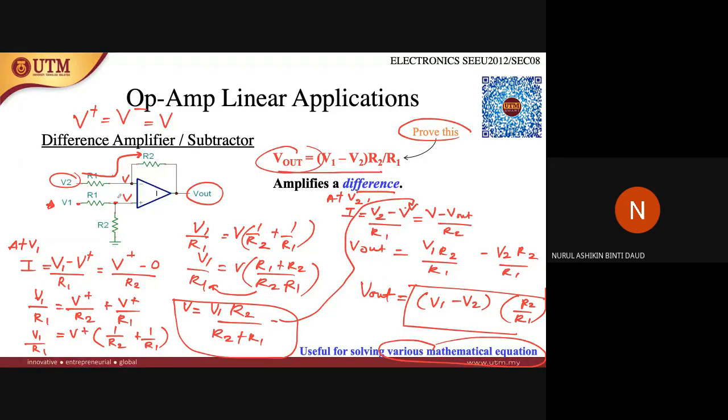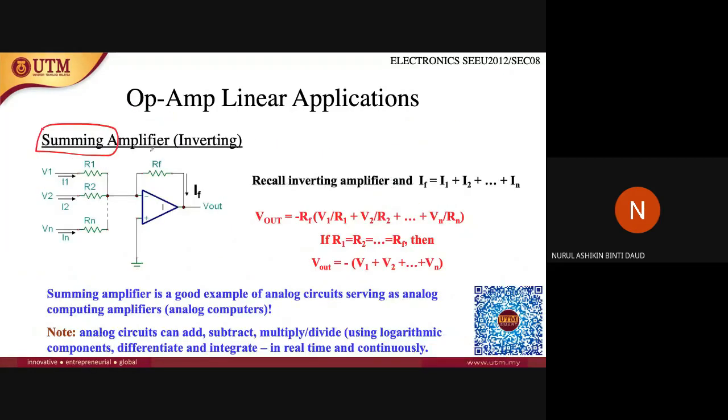Both have input signals, so that is a difference amplifier. But for summing, the input is at one specific terminal, and at that specific terminal it has multiple values of input voltage.